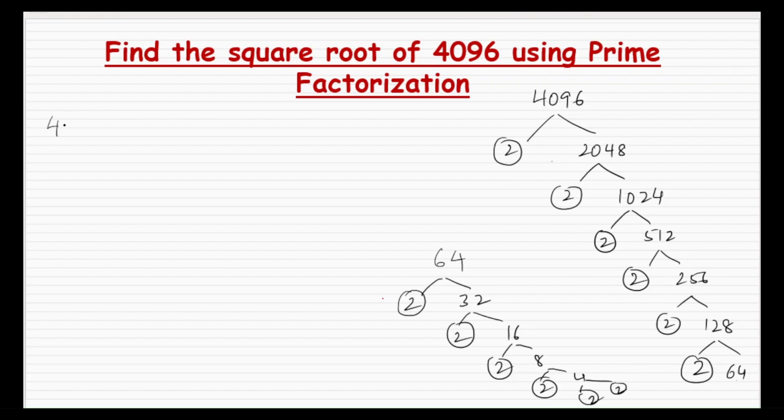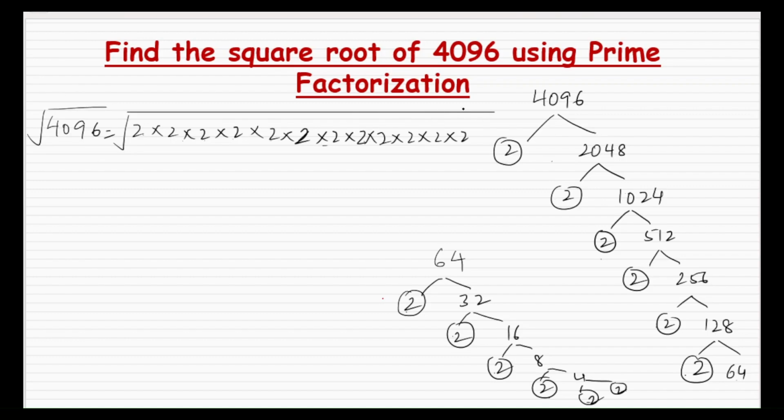So the prime factorization of 4096 is, I can count how many times I'm getting 2. 1, 2, 3, 4, 5, 6, 7, 8, 9, 10, 11, 12. 12 times I'm getting 2. So I will write it 12 times. I hope I'm correct. 1, 2, 3, 4, 5, 6, 7, 8, 9, 10, 11, 12. Perfect.